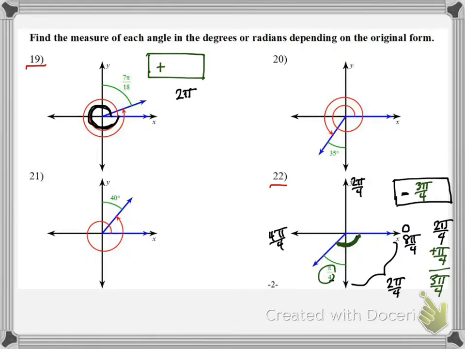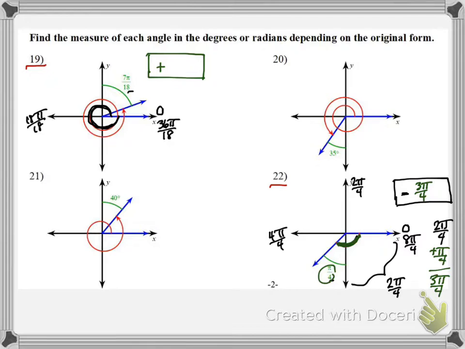But I've got some fractions going on here, so I'm going to stop and think 0, pi, 2 pi. Because the given fraction has an 18 on the bottom, this becomes 18 pi over 18. And double 18 gives me 36 pi over 18.